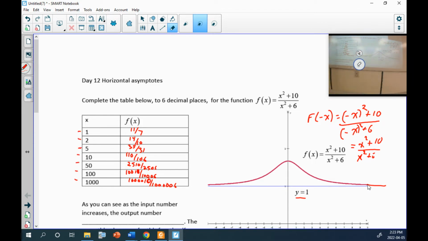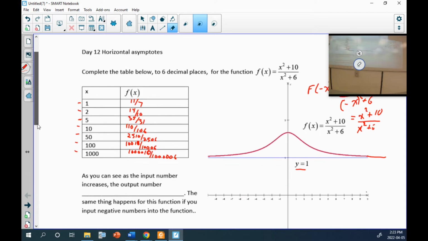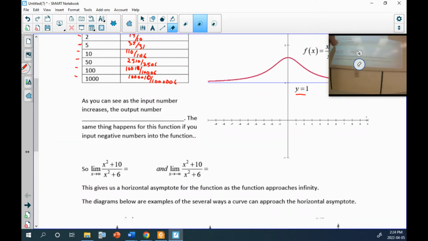Now, what do we call that line? Y is equal to 1? What type of horizontal asymptote? A horizontal asymptote. Okay. So the number approaches 1.